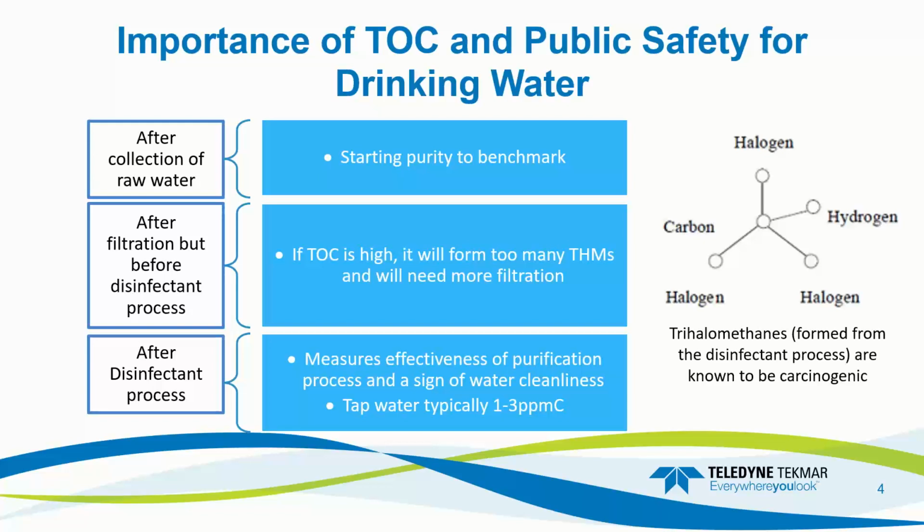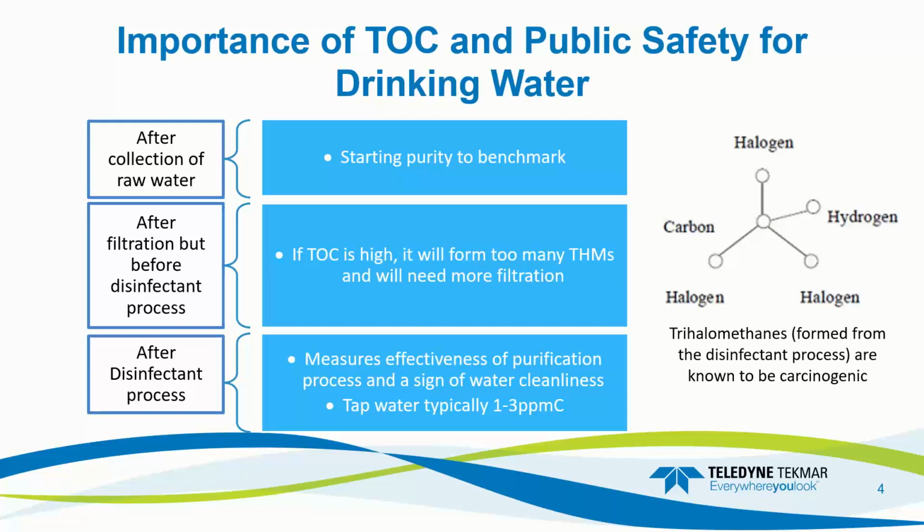When the water comes into our facility, a lot of times we would like to start collecting TOC information on it, because if the TOC content is high, that means there could be high forms of biologicals or other materials that have carbon associated with them inside that water. So we would like to start with a benchmark of our water.